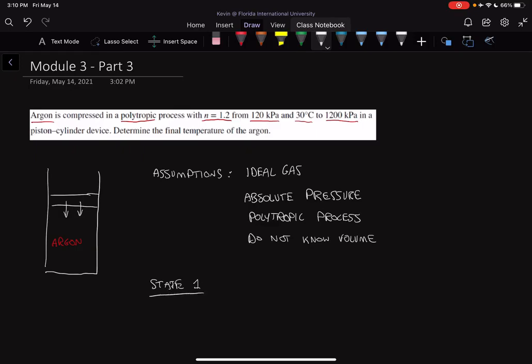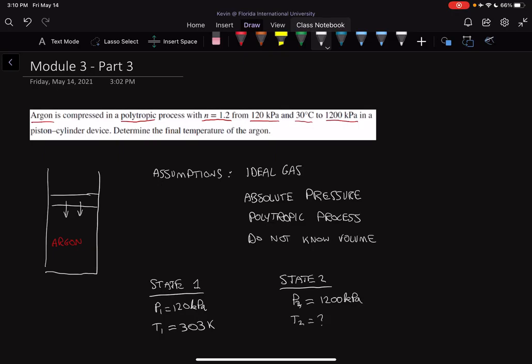So state 1, we're told that P1 is equal to 120 kilopascals and temperature 1 is equal to 303 Kelvin. And state 2, we're told that P2 is equal to 1,200 kilopascals and temperature 2 is unknown, and that's what we're looking for.